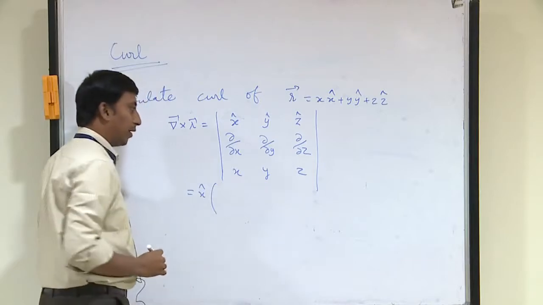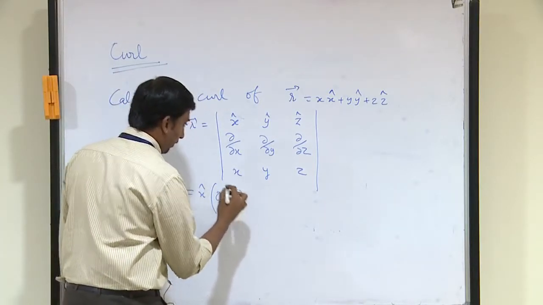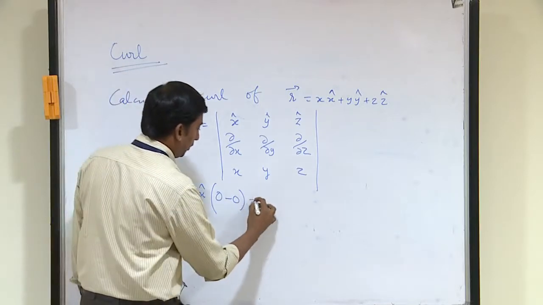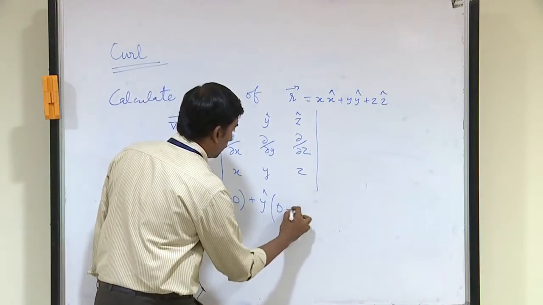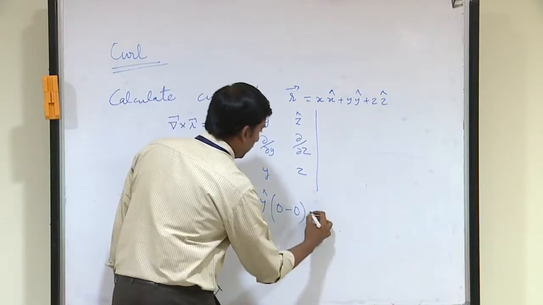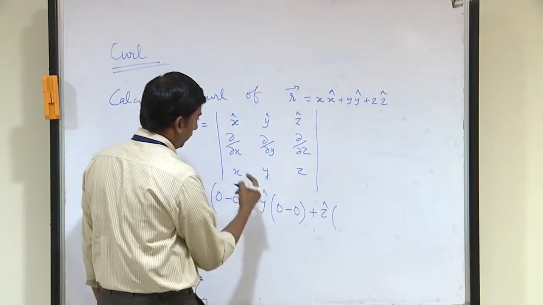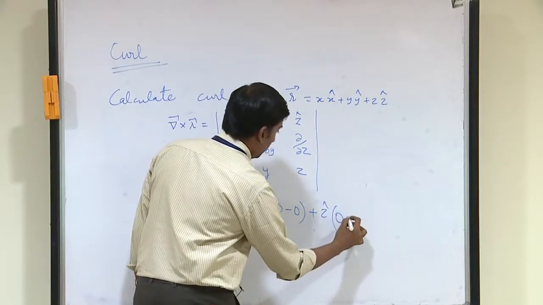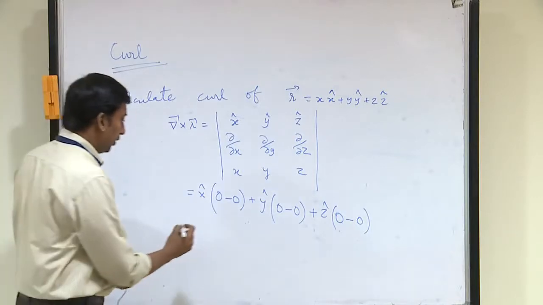So this is x cap into 0 minus 0 plus y cap into 0 minus 0 plus z cap into dou by dou x of y, which is 0, minus dou by dou y of x, which is 0.